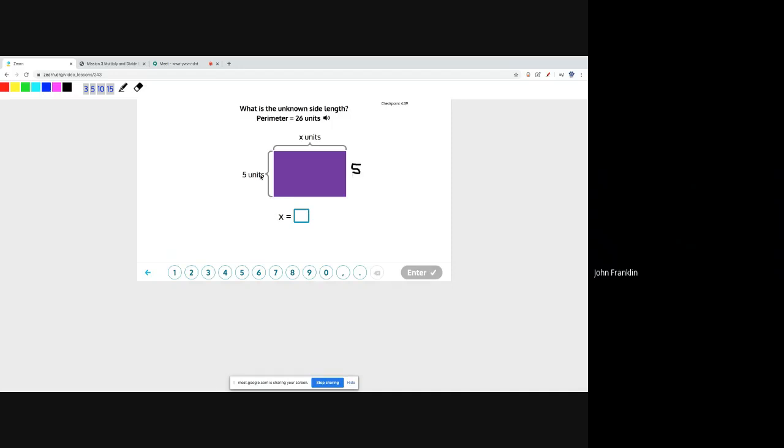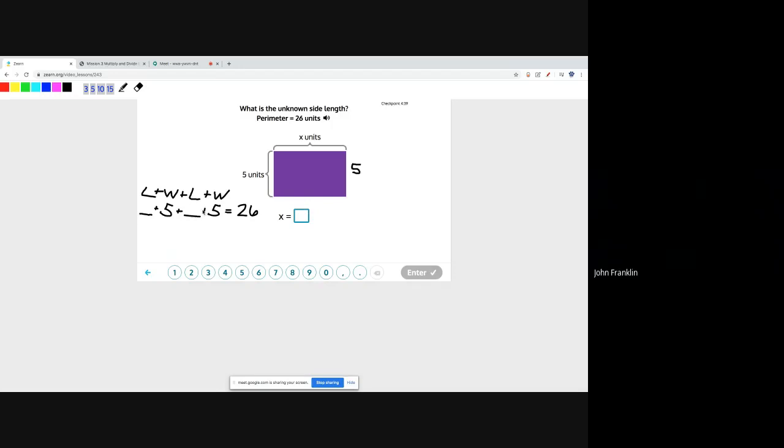Okay, so if these 2 units, and we know perimeter to be length plus width plus length plus width. Okay, so already I got 2 widths, right? 5 and 5. My answer is 26.